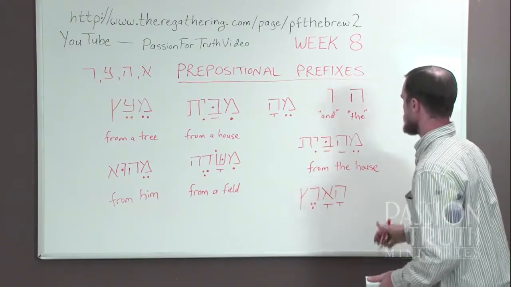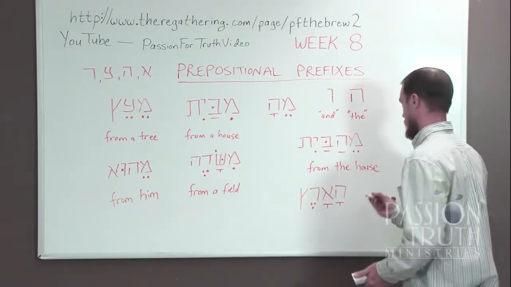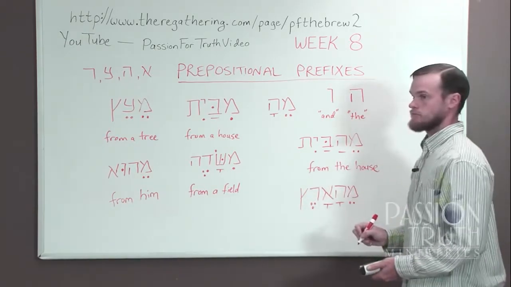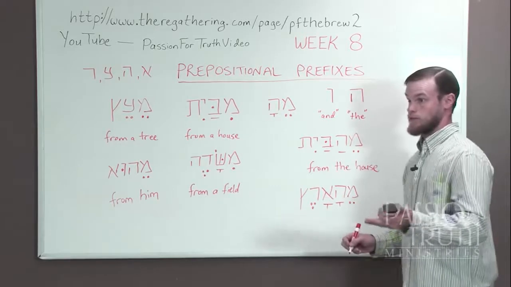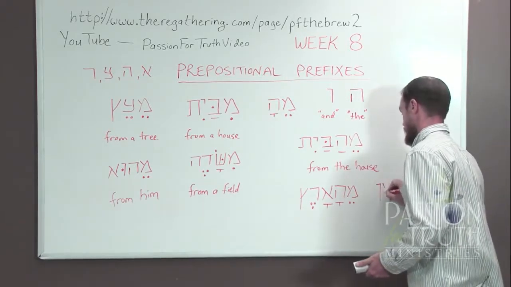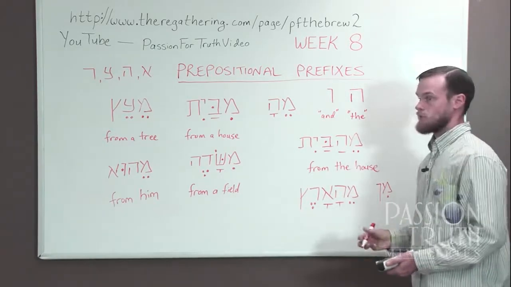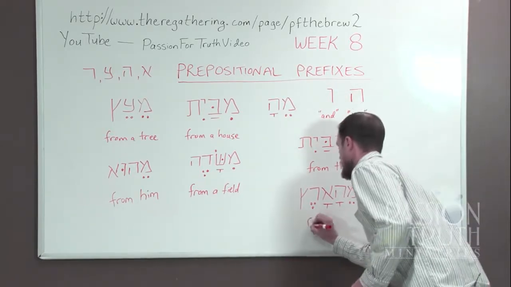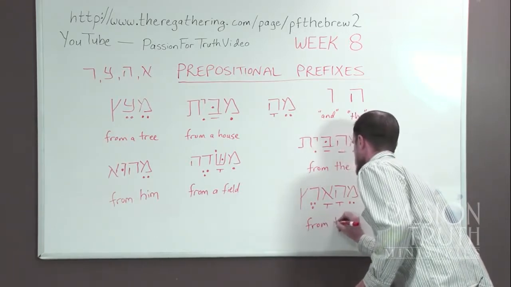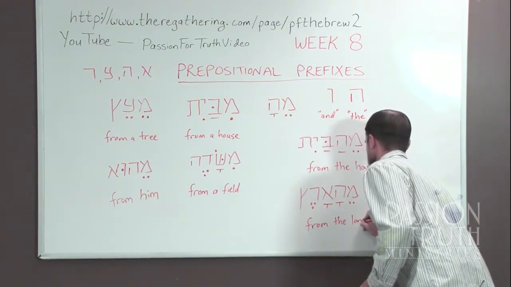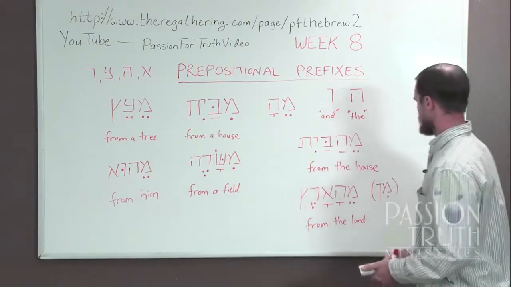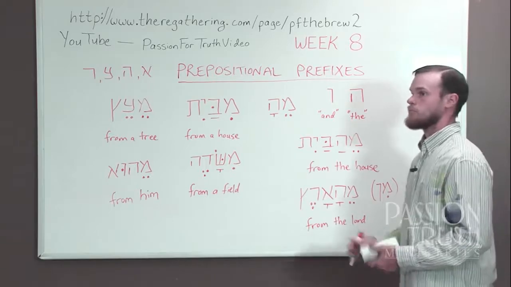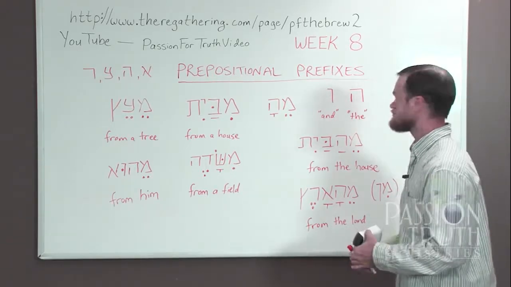But anyway, ha-aretz is the land, from the land. Me ha-aretz. And of course, in the blessing, they say min haaretz. They just use a separate preposition. Both are equally valid. So when the mem combines with the hey, meha is what you'll wind up with.